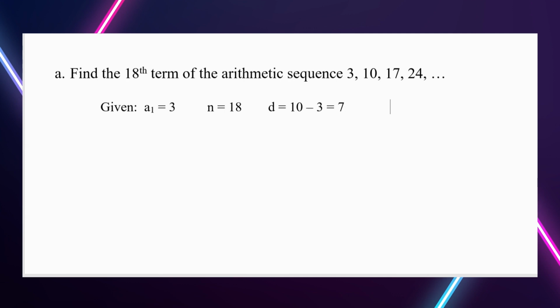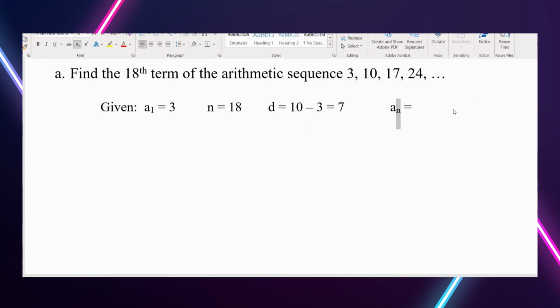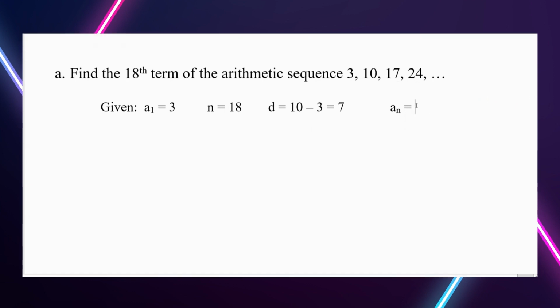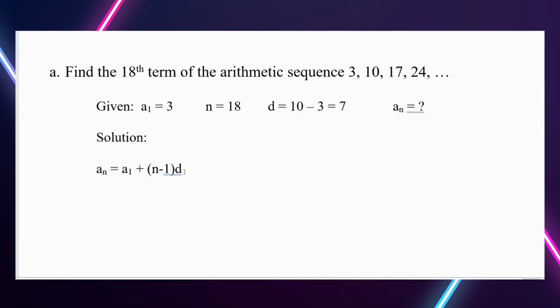Next value is the a sub n. Ang a sub n natin ay ang hinahanap natin sa ating given. Okay? Therefore, a sub n is unknown. Let us have our solution using the formula of the arithmetic sequence.